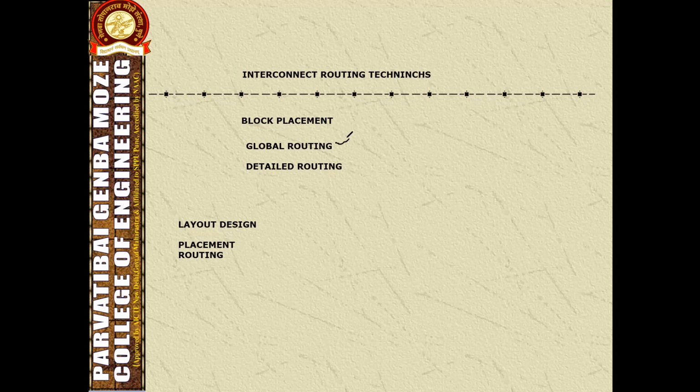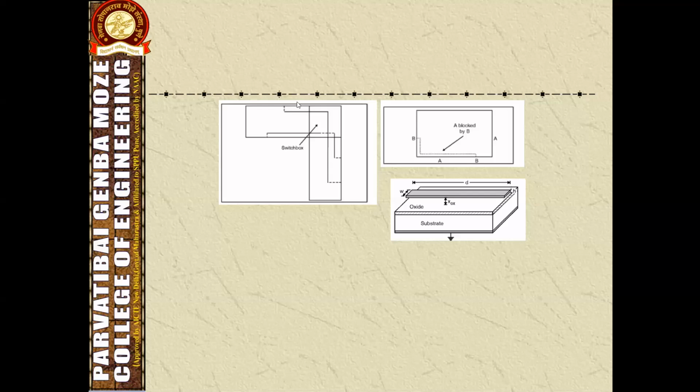Next, let's see what switchbox routing is. Switchbox routing, I will show with a figure. Here, this is the figure of switchbox routing. Switchbox routing is mainly used to make place for more wires.